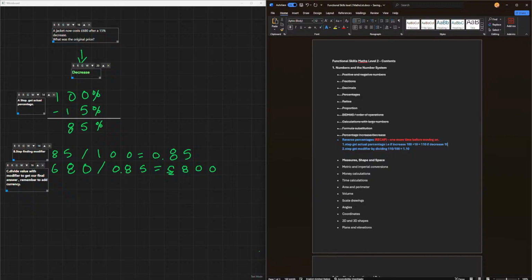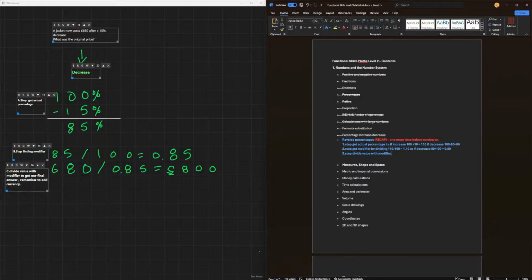I think this is better. And this one is the same, because if you get the 500, you divide with the 1.110, whatever. I think that covers it.